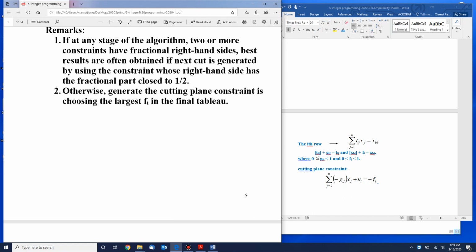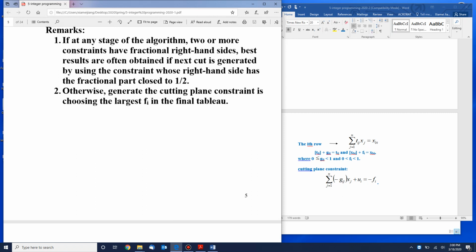Sometimes we may have more than one variable that is not an integer. So when we finish the simplex method and get the final tableau, we probably need to choose which basic variable we are going to cut off to be integer, right? In this way, we have two remarks.